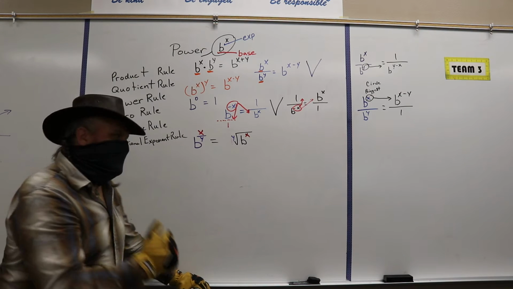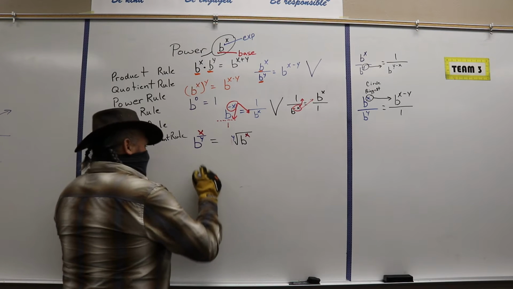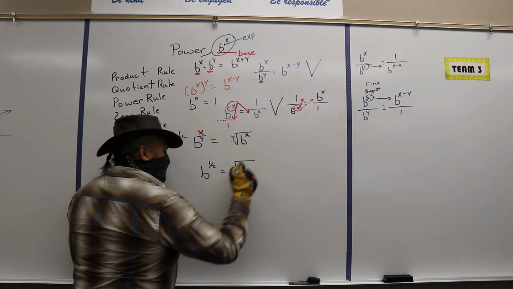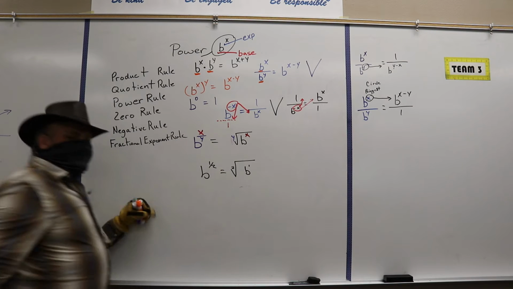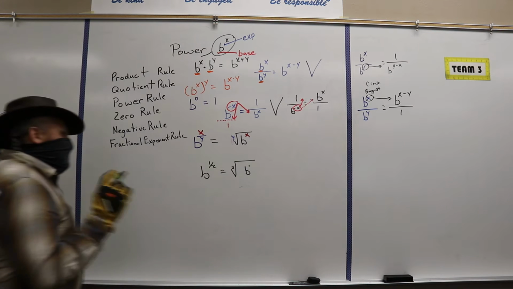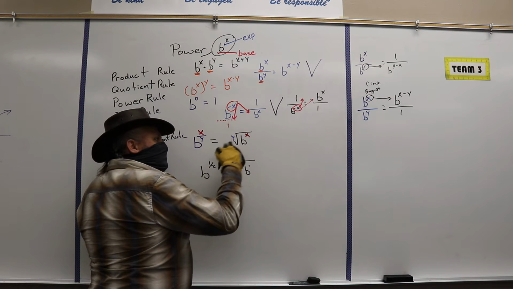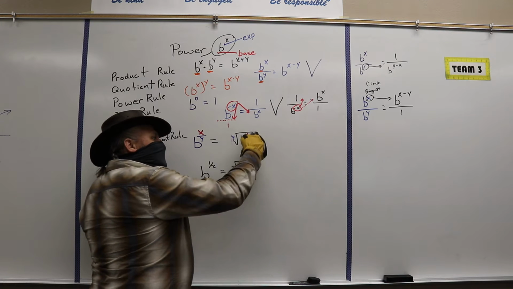That's your root. Your square root, for example, b to the 1/2 is the square root, and there's really a hidden 2 right here, of b to the 1, right? So this one's saying, hey, b to the x/y is equal to, well, the y root of b to the x.